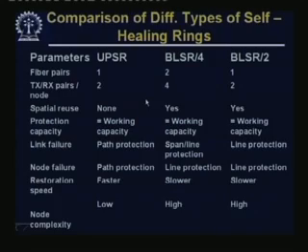So, comparison of different types of self healing rings. What do we mean by self healing? What happens is that the nodes, these ADMs and the SONET gears, etc., are programmed in such a fashion that as soon as they sense a failure, they know what local action to take and how to adjust the switch internally, so that it automatically switches from the working fiber or working span to the protection side.